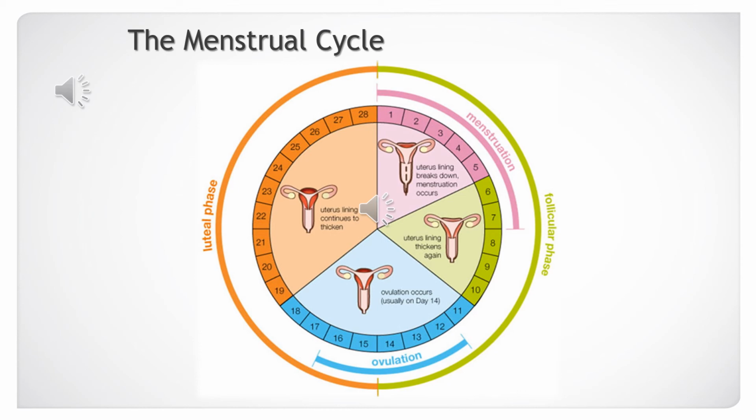The normal cycle that we use when we discuss the menstrual cycle is a 28-day cycle. For most women, their cycle varies and is not 28 days. It may be shorter or it may be longer. But for the purposes of learning and when we start to discuss hormonal contraception, the 28-day cycle is used.